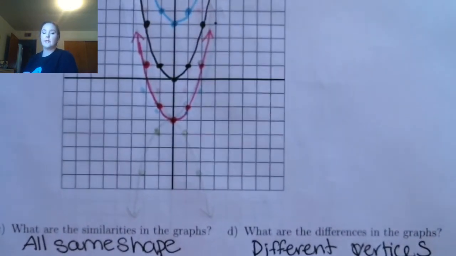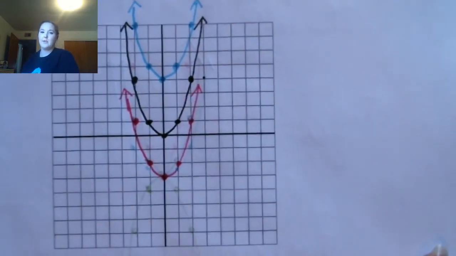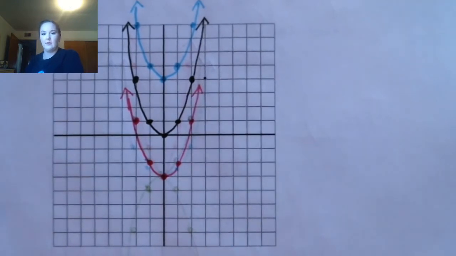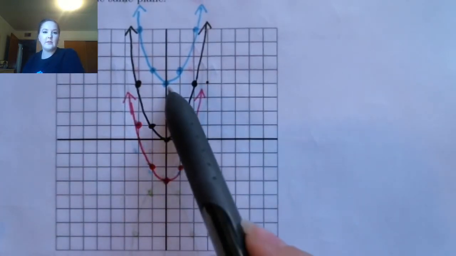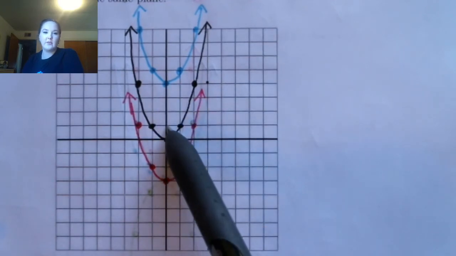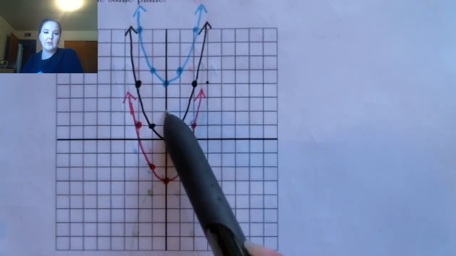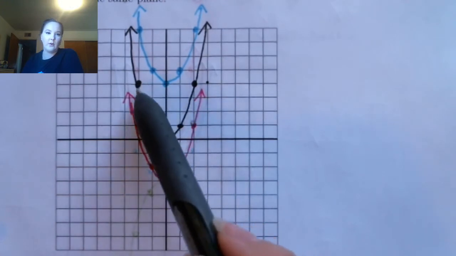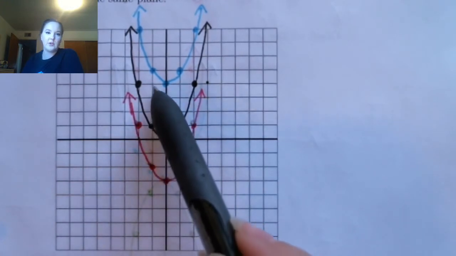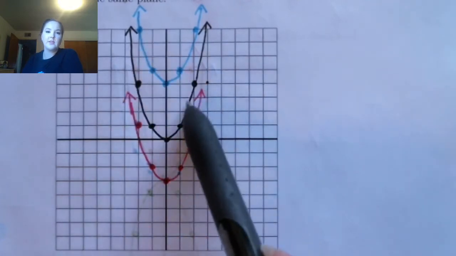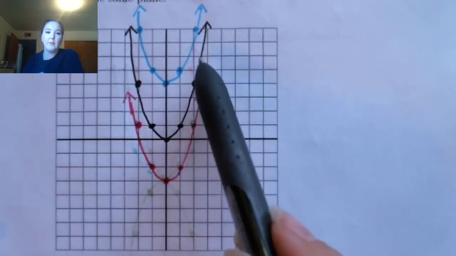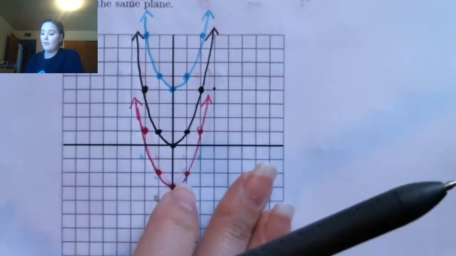So let's look at what might be shifting them up and down. If you look at this graph, the only difference to the blue graph is that it looks like it's shifted up 1, 2, 3, 4. You can see that these key points that we have marked are shifted up 4.